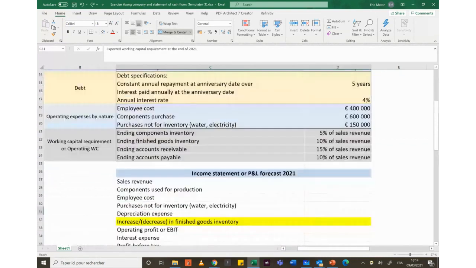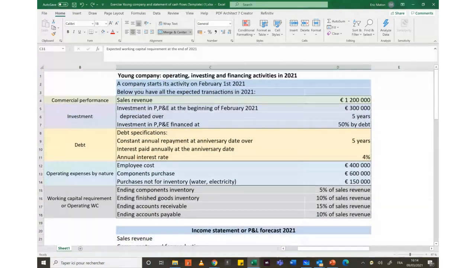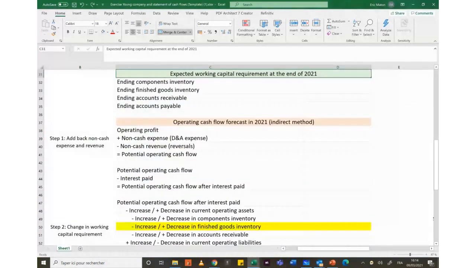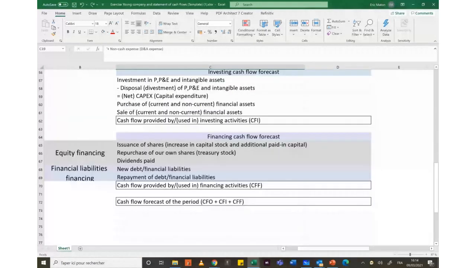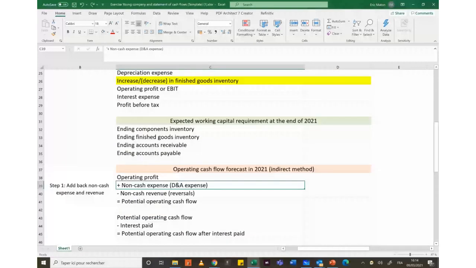So here is for all the year 2021. We start the activity on February 1st to the end of the year. So it's the forecast for this year. You have to calculate the operating cash flow, the investing cash flow, and the financing cash flow, for the year 2021 with the indirect method.